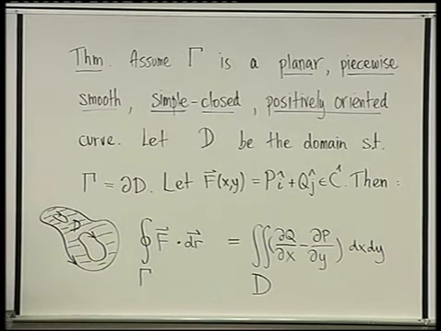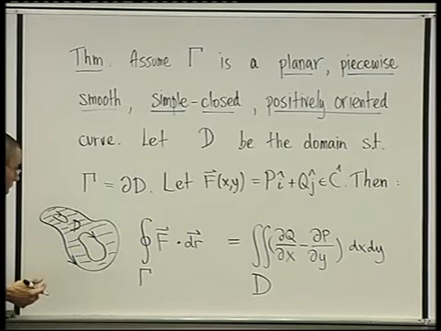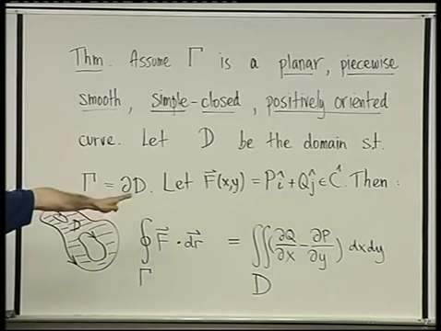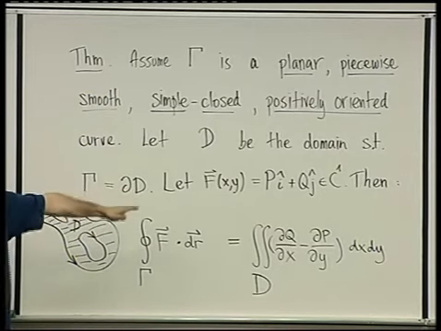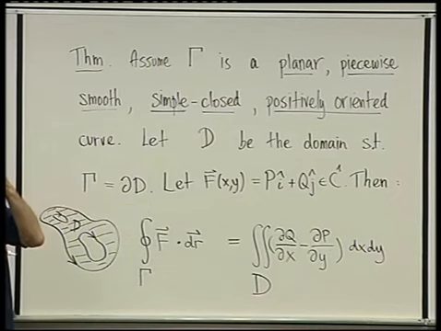Okay? So clockwise and anti-clockwise do not capture the notion. Okay, so positively oriented means that when you go along the curve, your left hand is pointing to the domain, that's positively oriented. Clear?